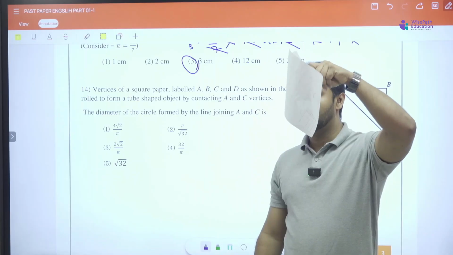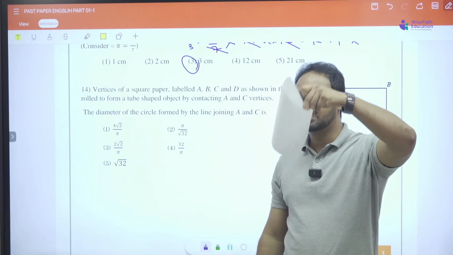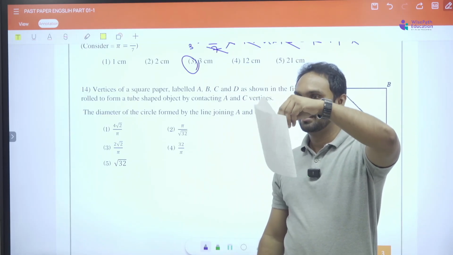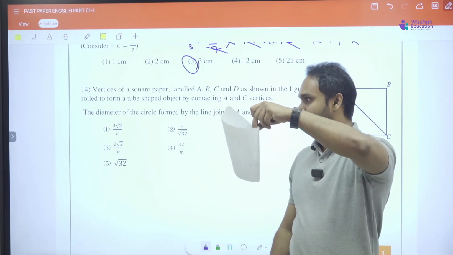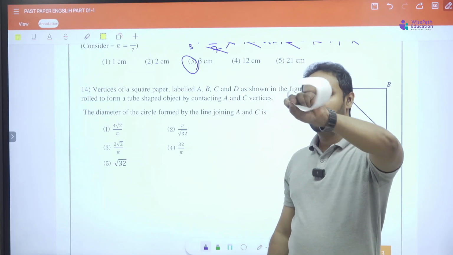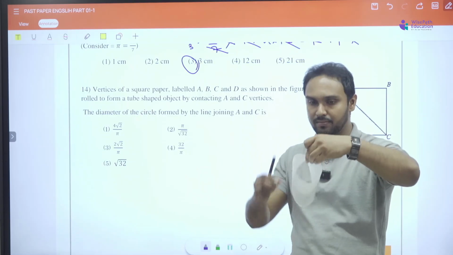See? It's a cylinder. So this is what this looks like.